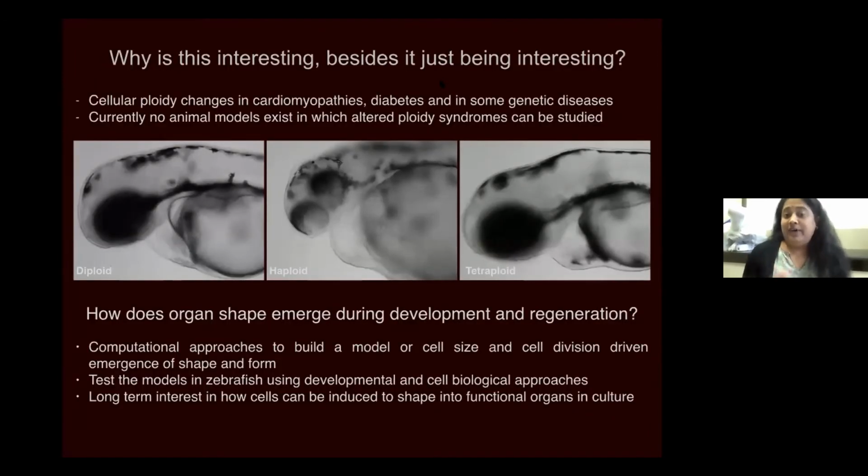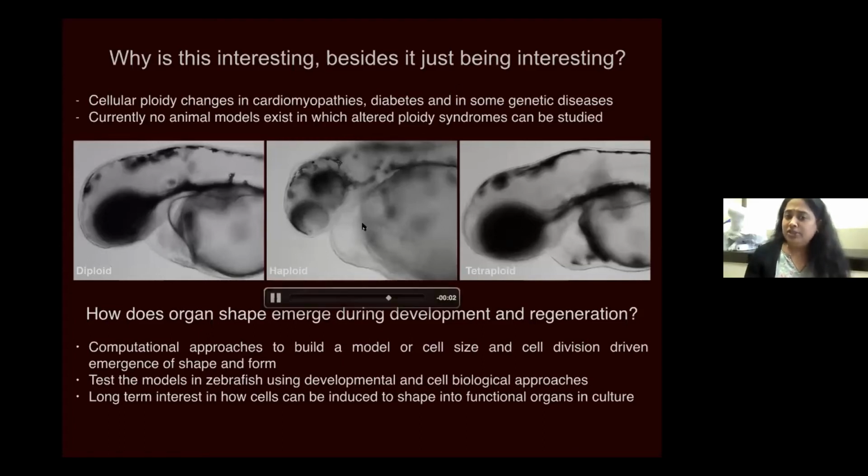Now, besides the fact that it is just an interesting phenomenon, why is this important to understand? Fundamental knowledge is one part, but there is also an added component of function, because organs are multicellular and there is a cell size optimum for each organ, a homeostatic cell size optimum for each organ.